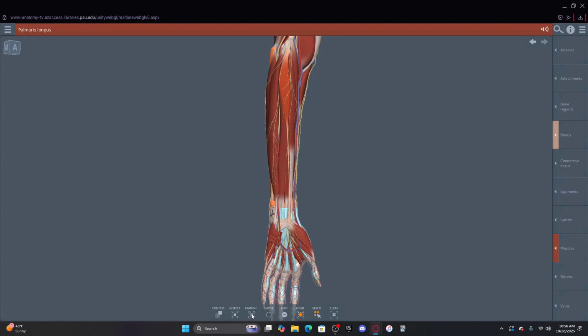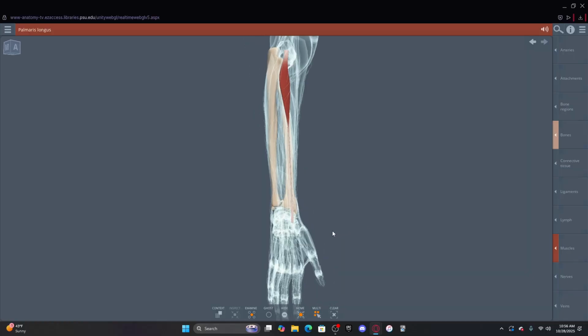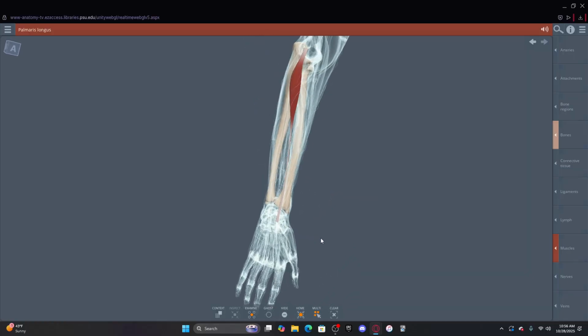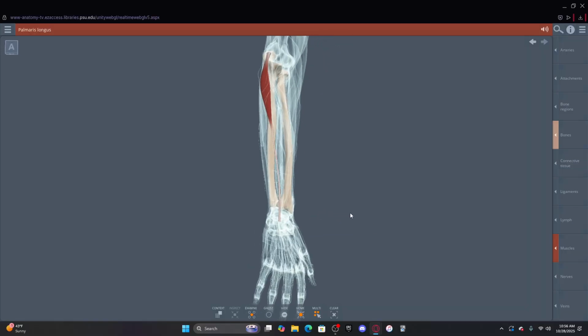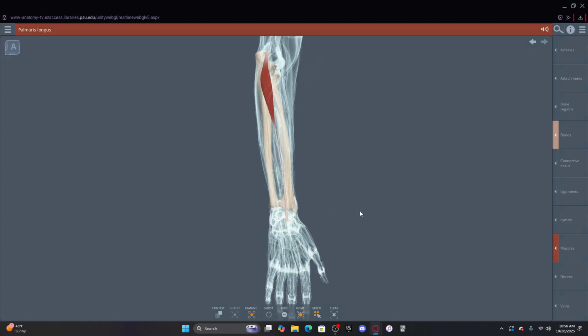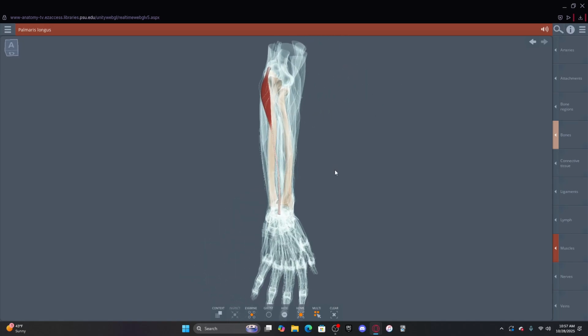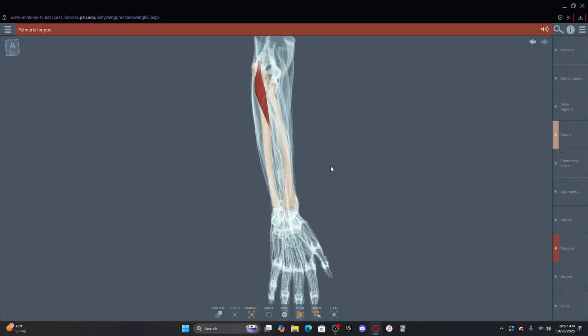Palmaris longus, you can see it here, going all the way from the medial humerus to the carpals. And this muscle is responsible for wrist flexion. We can see it, palmaris longus.